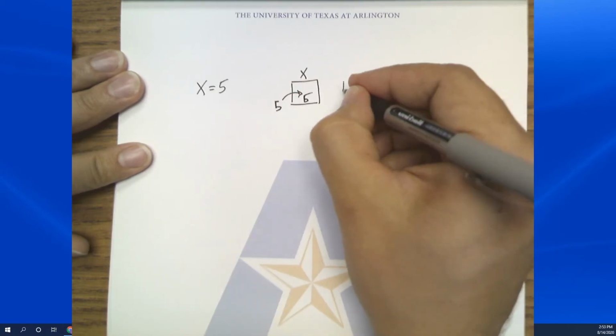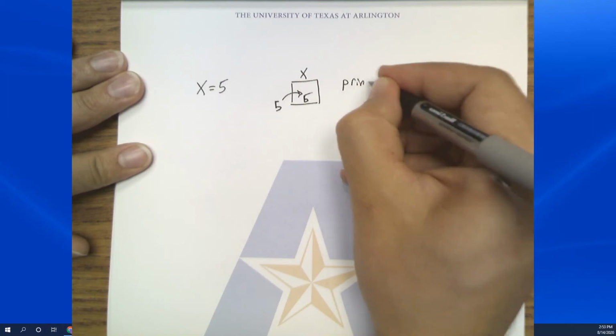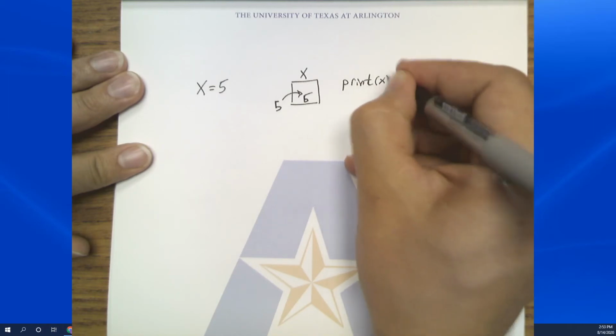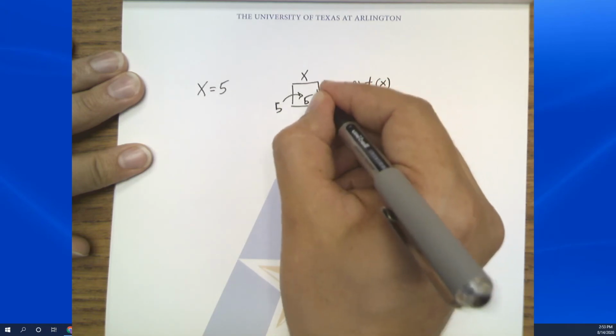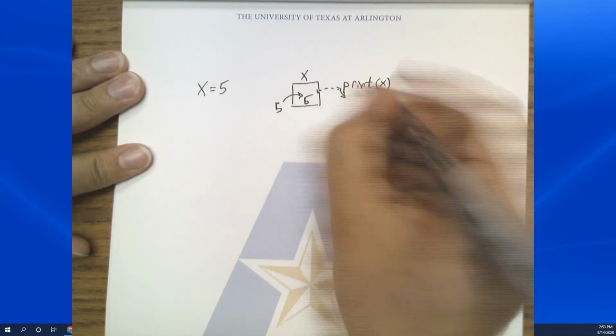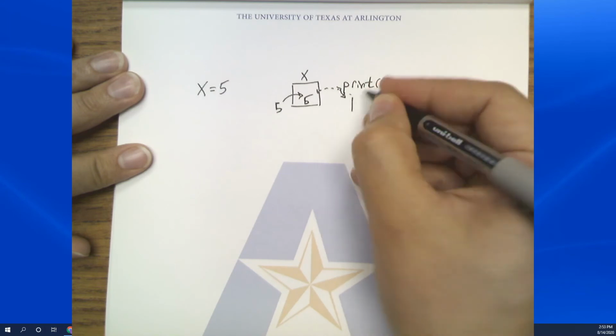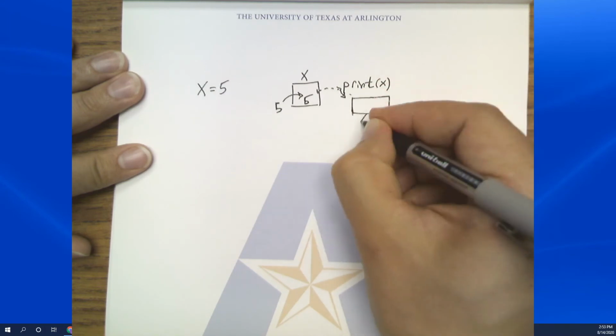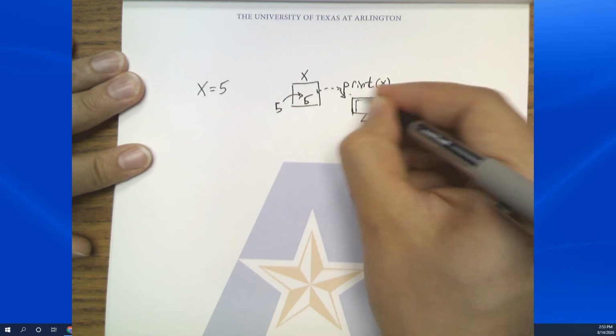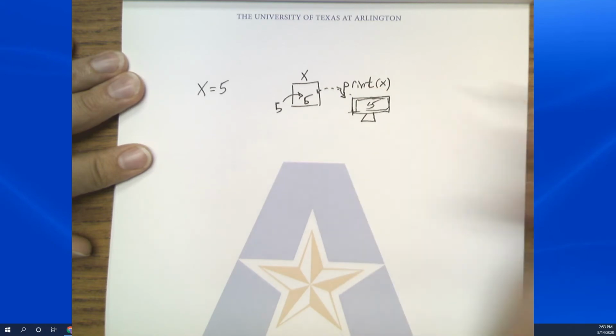And then we use the print x command, you're asking it to look inside the box and then show that on the computer screen. So here is my computer screen, and it shows a 5, right?